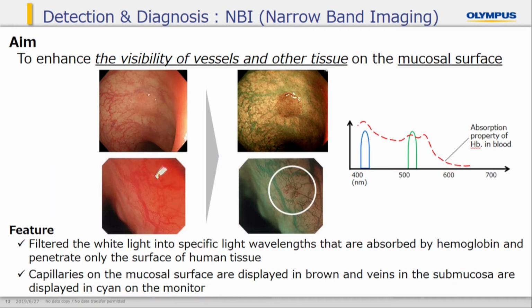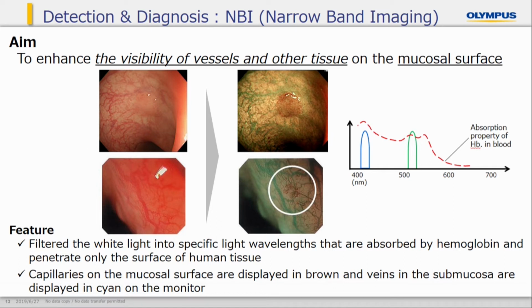About the NBI, through the morning session, many doctors explained this NBI. Since 2006, we have delivered this technology, collaborating with Yutaka Saito sensei and colleagues.